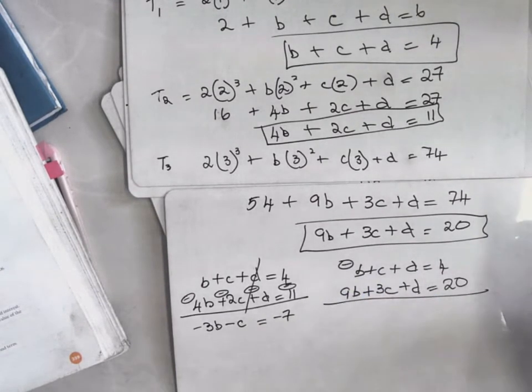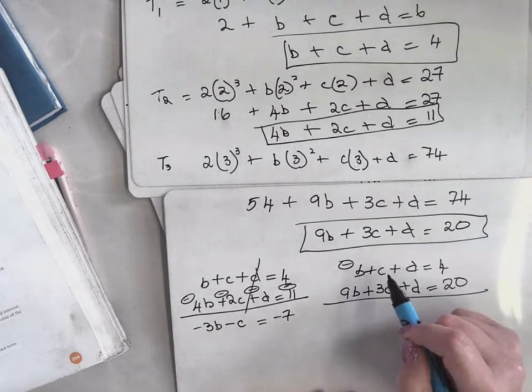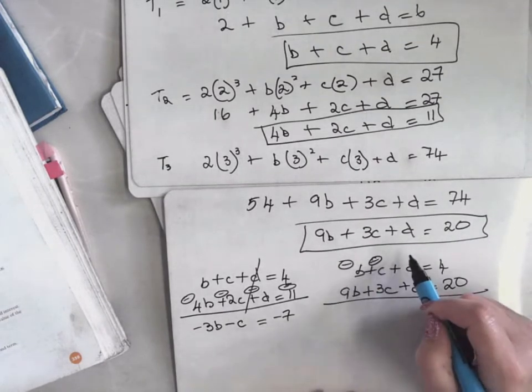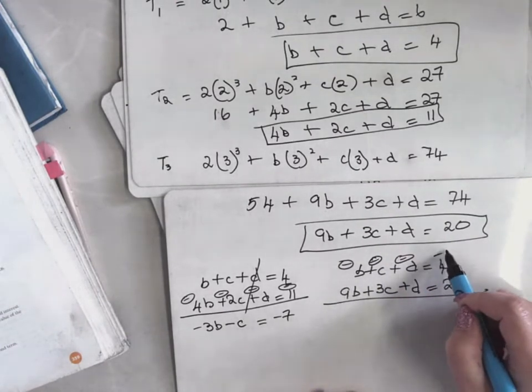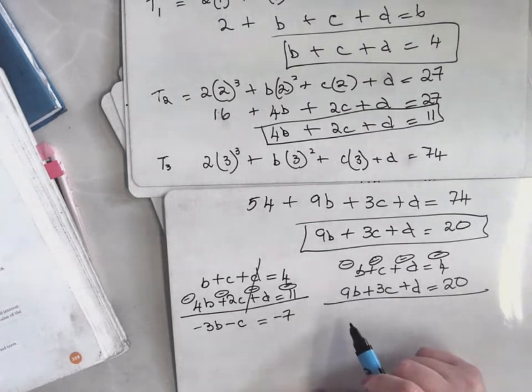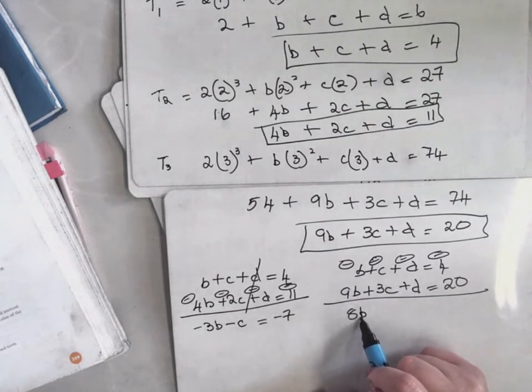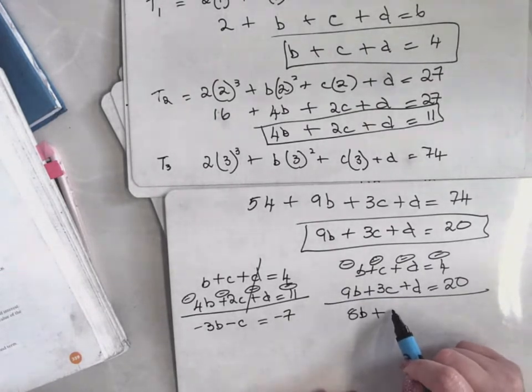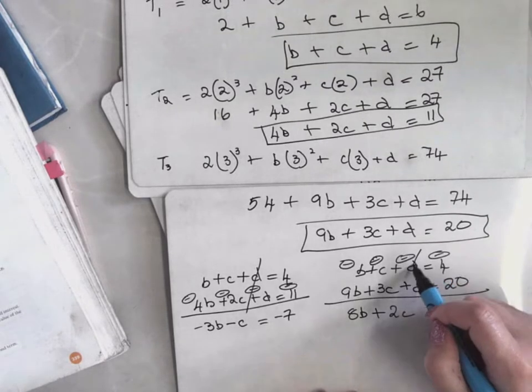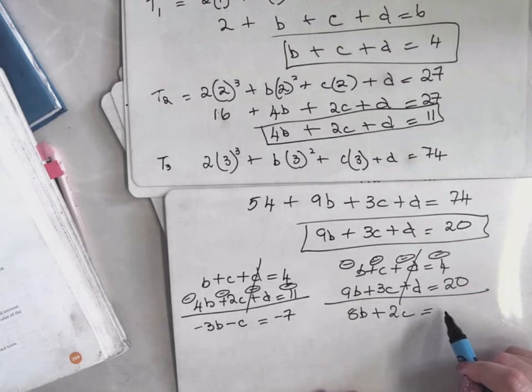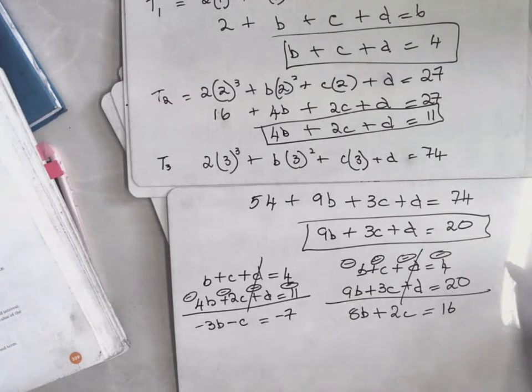I have to make the D's cancel now. I chose in the first one to make the D's cancel. Now my choice is gone. It has to be D's again. So minus, minus, and minus. So 9B minus B is 8B. 3C minus 2C, minus C is 2C. D's cancel, right? And minus 4 plus 20 is 16. There's my two equations for the next bit.